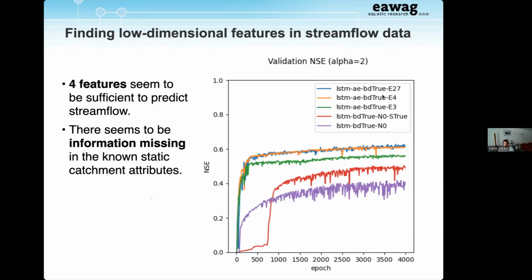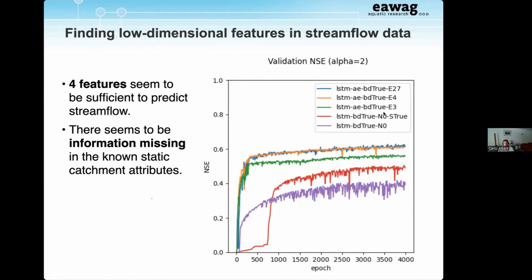So we started with a large bottleneck of 27 features. 27 because also we have a list of real catchment properties, soil type, etc. It's also 27. So we figure we start with 27. Then we lowered it, and it didn't really get worse until we dropped to only 3 features. Then there was a larger drop. So it seems that we need about 4 features to encode all the information that is there.